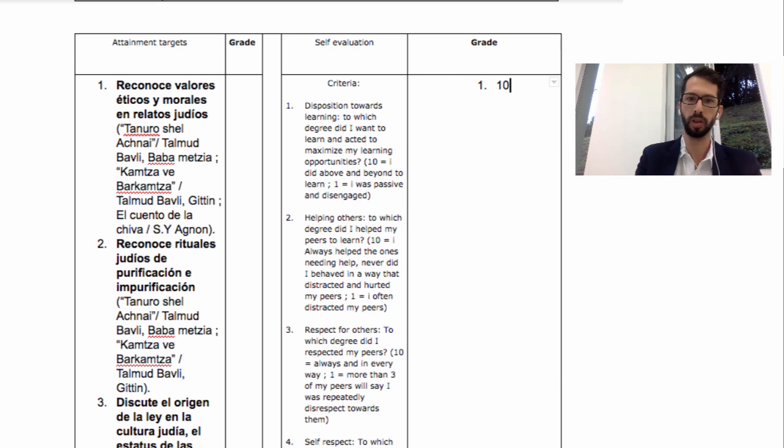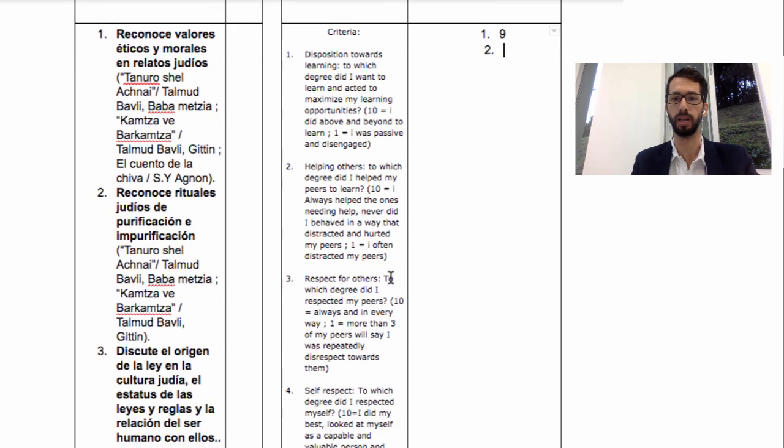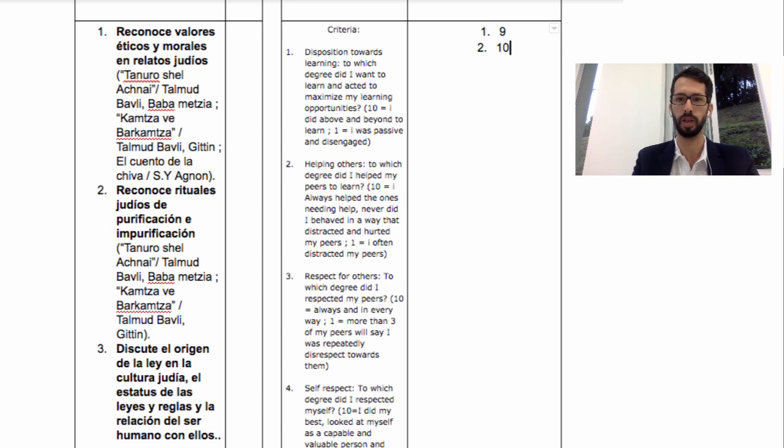If, on the contrary, you were passive, didn't take advantage of the learning opportunities, and had excuses instead of successes or attempts for success, you give yourself a 1. If you were somewhere in the middle, sometimes you did one, other times you did the other, somewhere between 2 to 9.